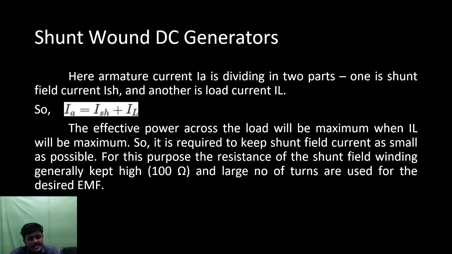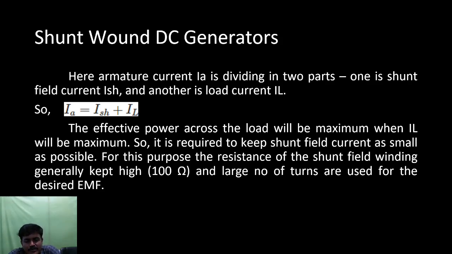In the slide I said that IA is equal to IL plus ISH. Both currents come from the armature current. That's what this equation denotes. So the armature current is divided into ISH plus IL.